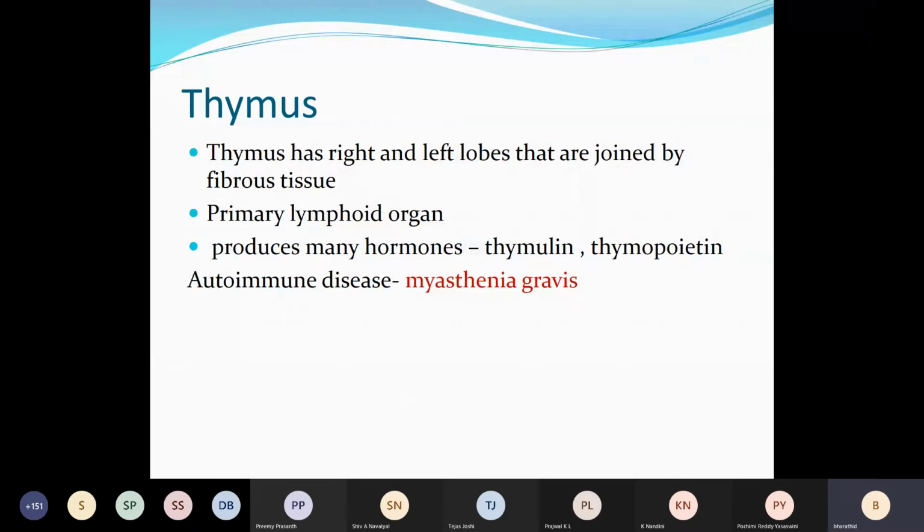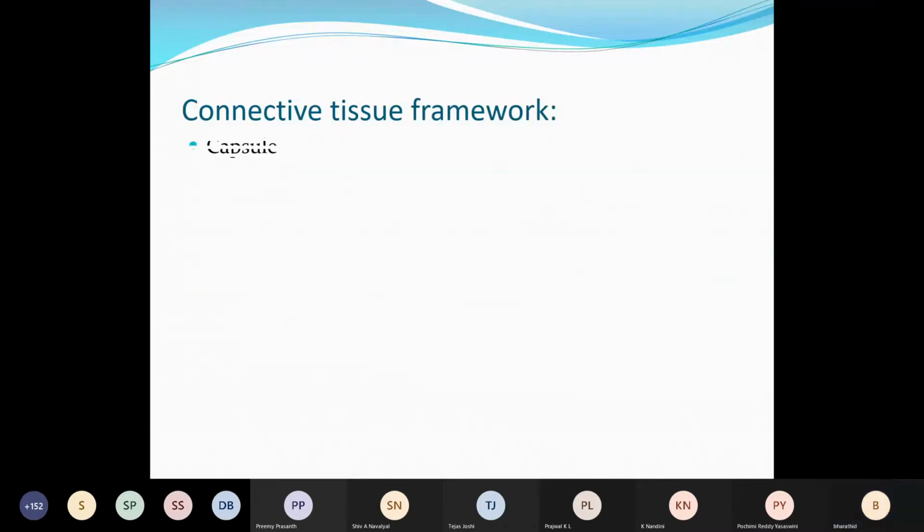It is covered by a connective tissue capsule. This connective tissue capsule is nothing but fibrous tissue.